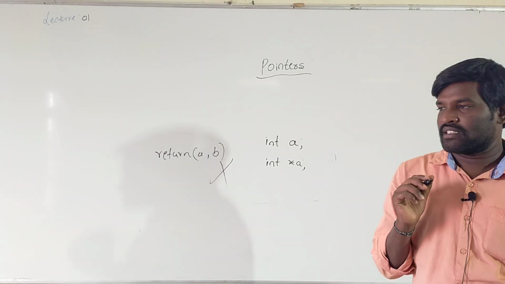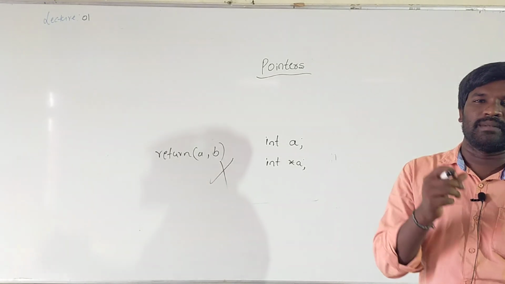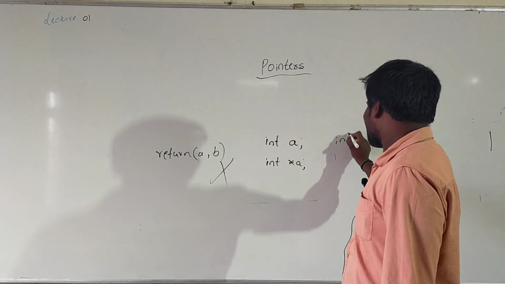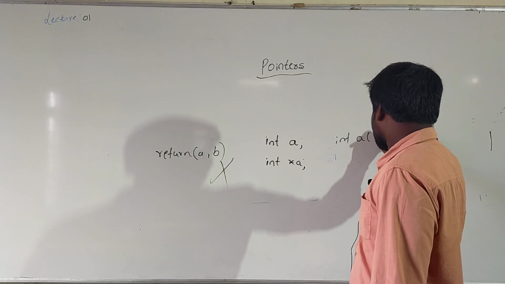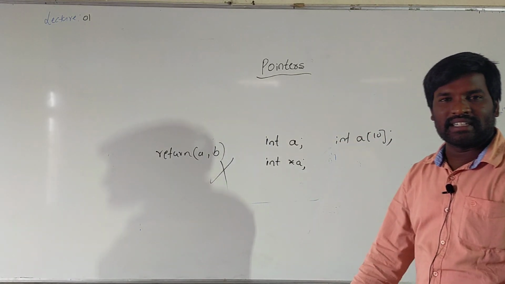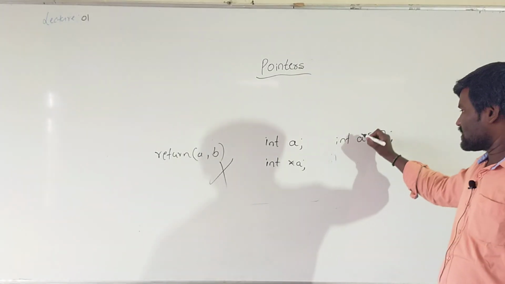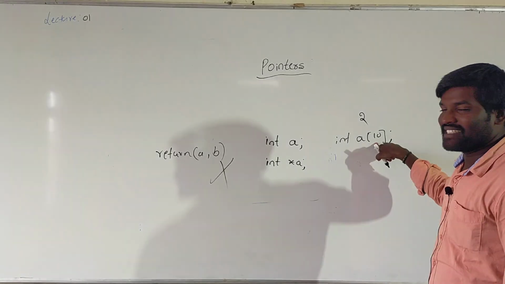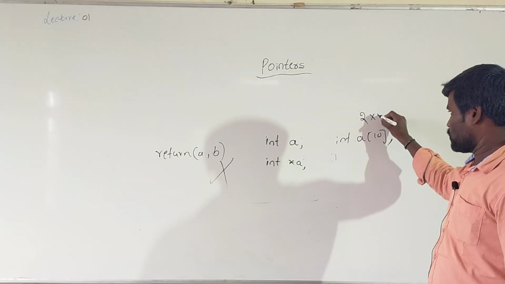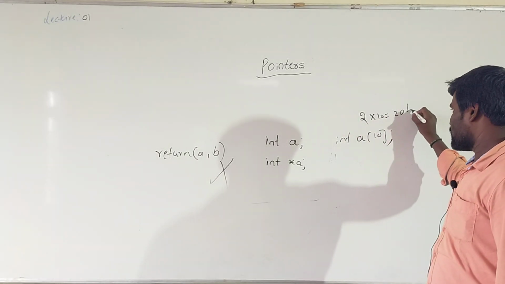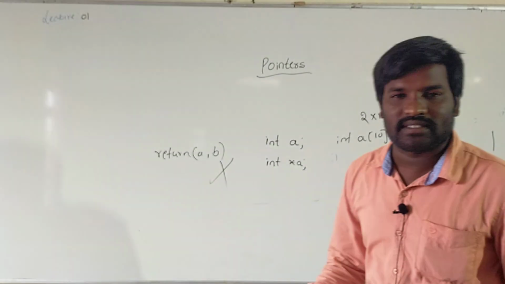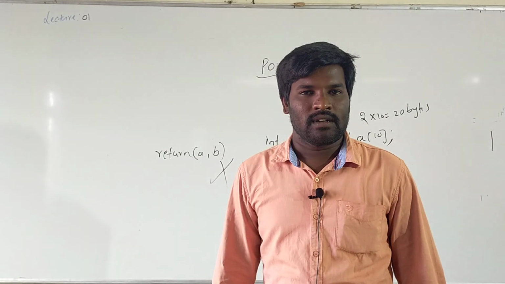The second advantage is that it utilizes memory properly. For example, if I declare int a[10], here the size of an integer is 2 bytes. The maximum size is 10. 2 into 10 is equal to 20 bytes. 20 bytes are reserved in the system.